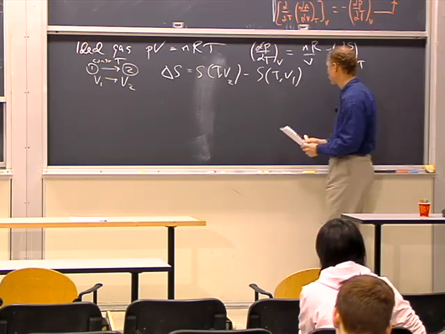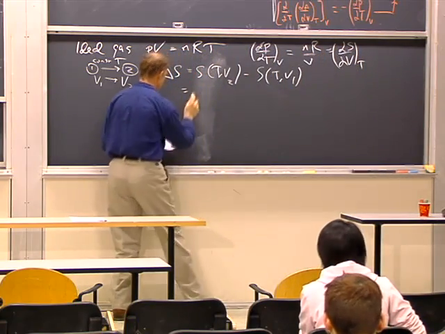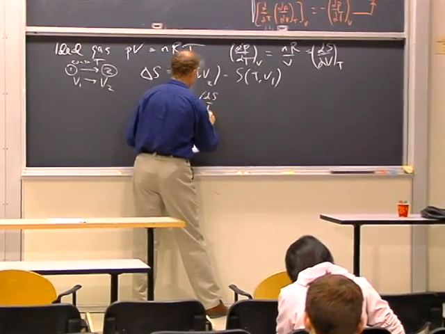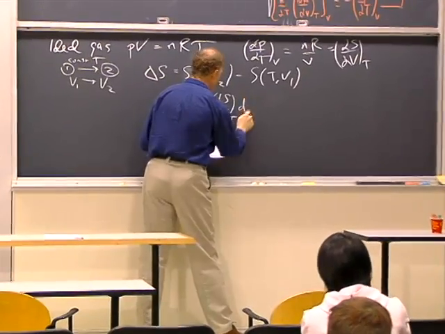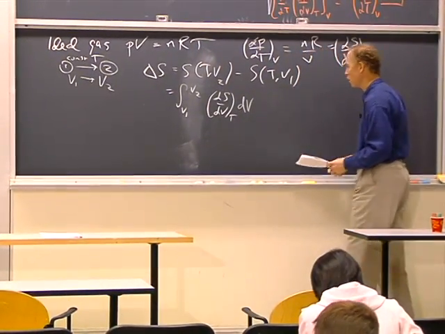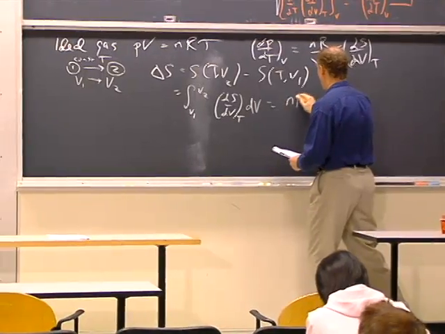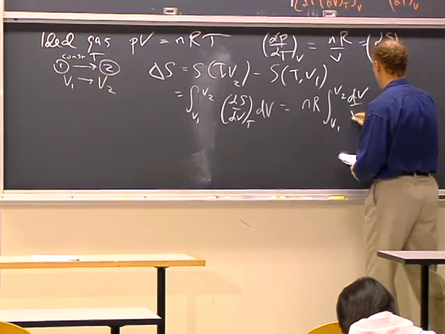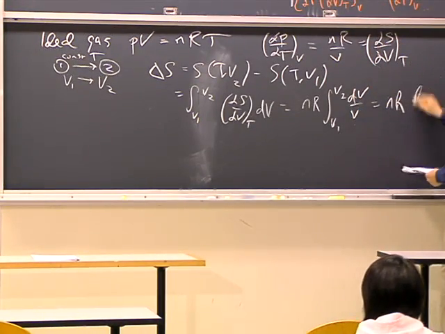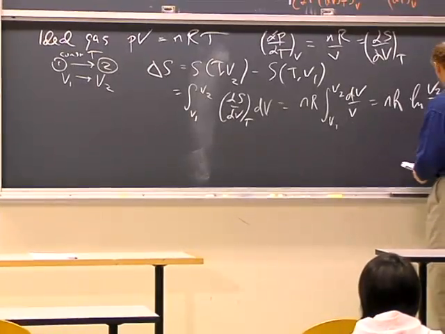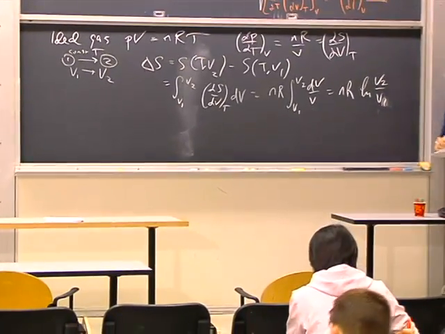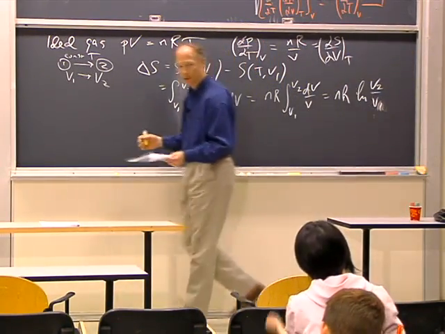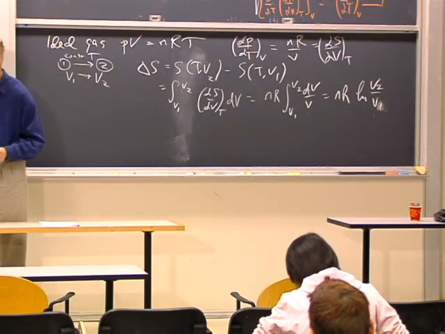T is staying the same. So it's just the integral from V1 to V2 of dS/dV at constant temperature dV. And now we know what that is. So it's nR integral from V1 to V2 dV over V. So it's nR log V2 over V1. Right? There's our delta S. So we know how to calculate it. Make sense?